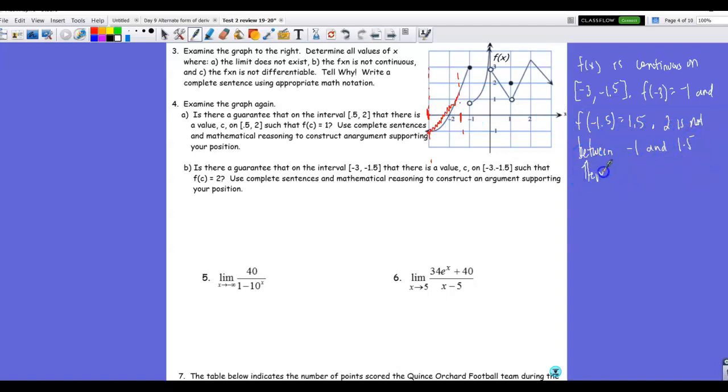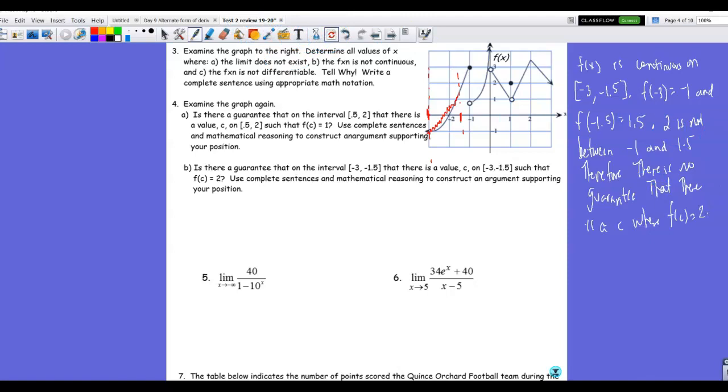Therefore, there is no guarantee that there is a c where f of c is equal to 2. So in both of these cases, we have refuted and cannot make a guarantee that the questionable y value is going to occur.